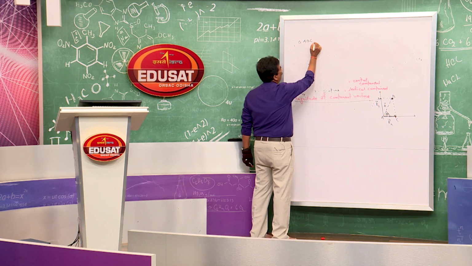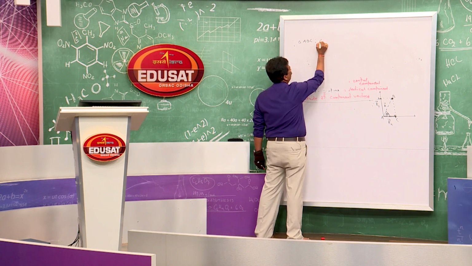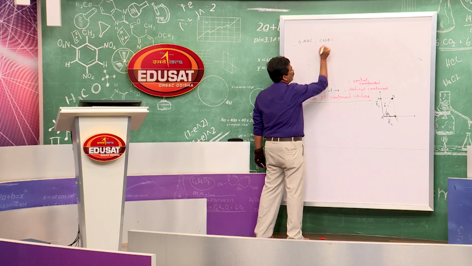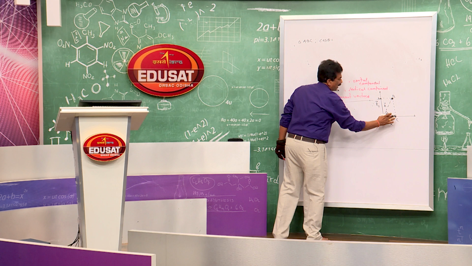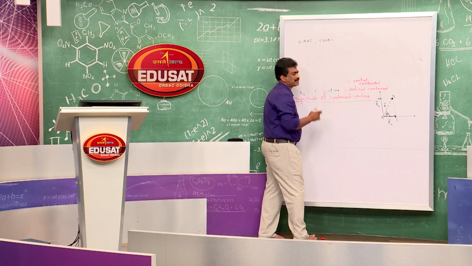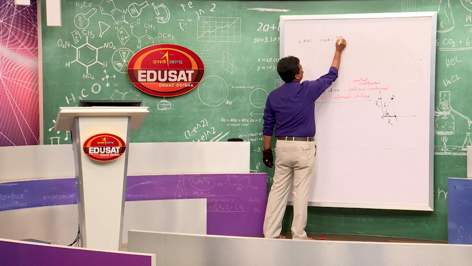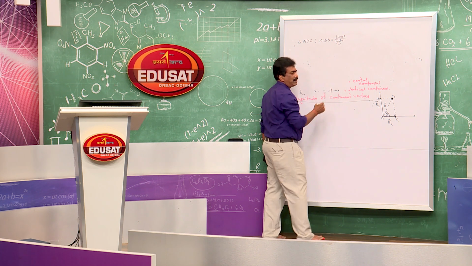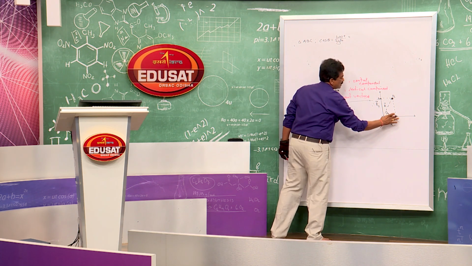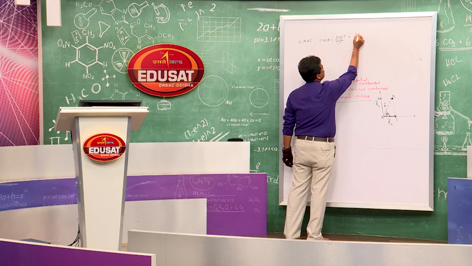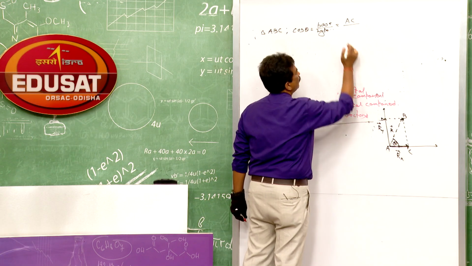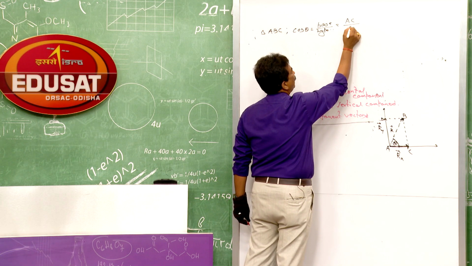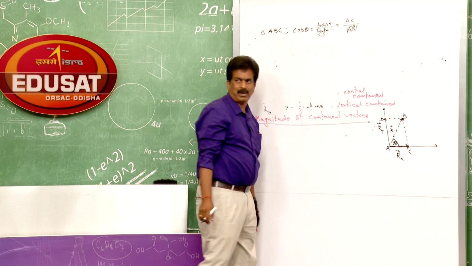So, in the triangle ABC, you can say cos theta is equal to B by H, means cos is the base by the hypotenuse. So, base is which one? This is the base. Base is AC, and hypotenuse is the AB vector with its mod.